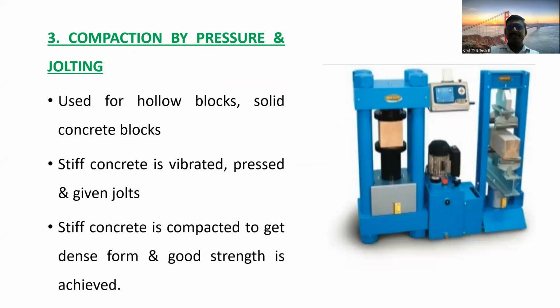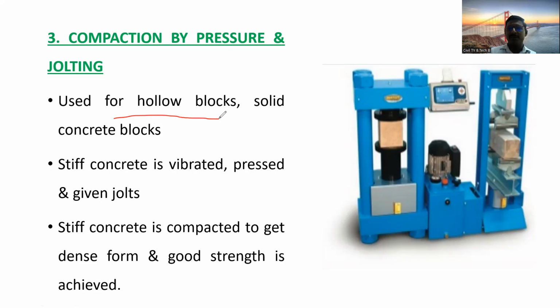Then the next method of compaction is pressure and jolting. So, compaction by pressure. How we can compact by using pressure, that we will see now. Here compaction by pressure or jolting is used for hollow blocks.